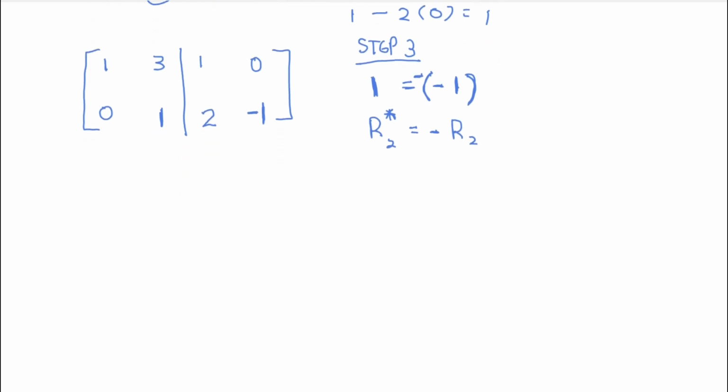And then for the last step, step 4, okay, here you want to change or obtain this element above the leading diagonal position into 0. So what you do, this is the new one that you want to obtain.